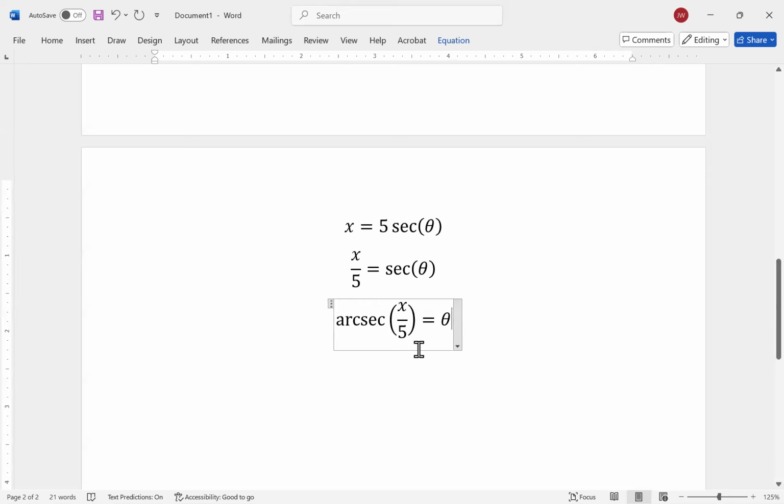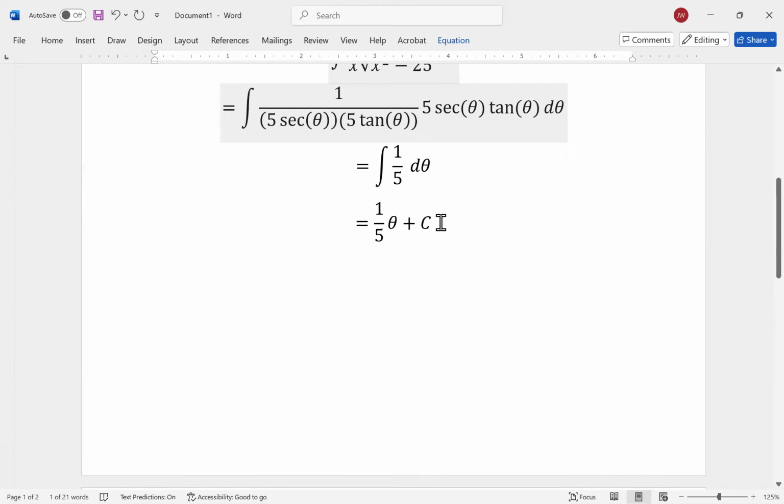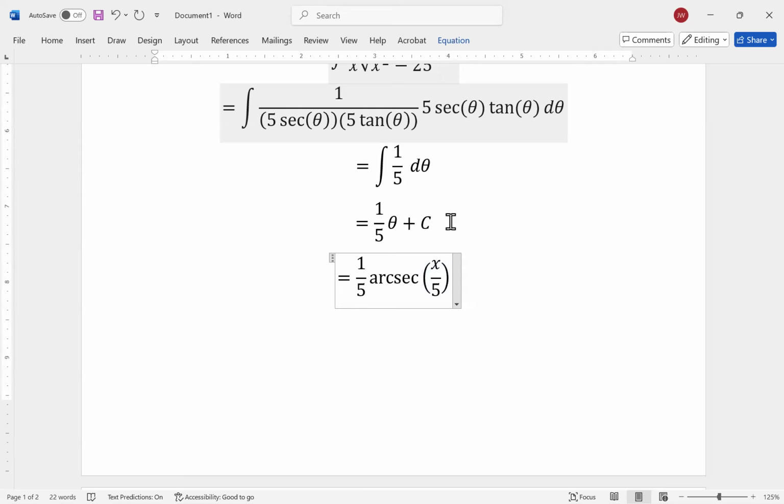So we replace theta with the arcsecant of x over 5 because x was equal to 5 times secant theta. And so that's what I do. I say, okay, so this means my answer is 1/5 times the arcsecant of x over 5 plus c.